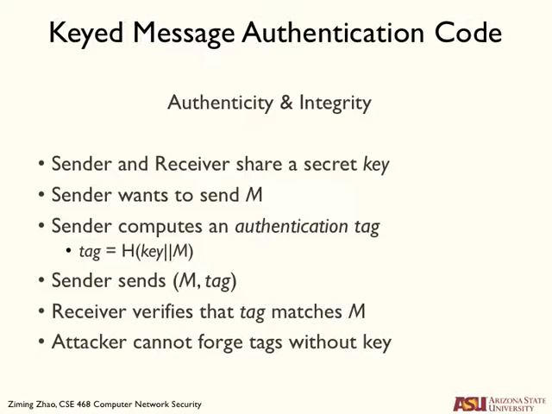The receiver will use his secret key and generate the tag again to see if it matches the tag he received. If they match, it means only this sender can have sent this message, and also this message has not been changed during transmission. Any attacker cannot forge this tag without the key. So in this process, the authenticity and the integrity of this message are maintained.